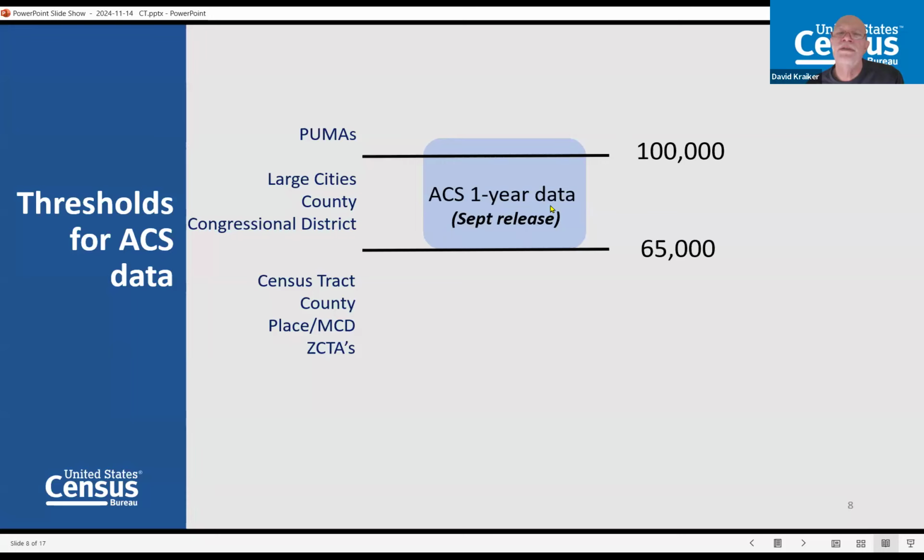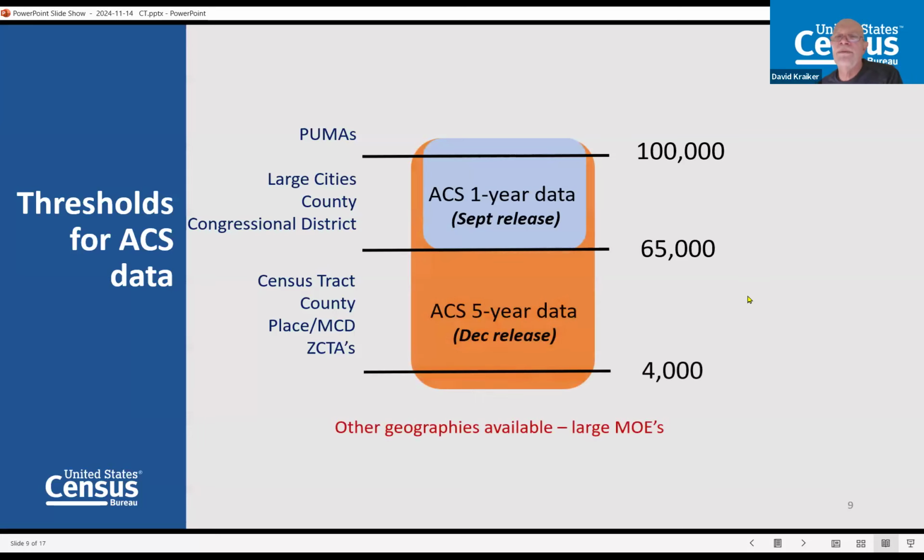It is called the 1-year census data release. And you can get that because you're over 65,000 in population. But what do you do if you are under 65,000 in population, which is most places, right? Most zip codes, places, towns and even a lot of counties and census tracts, they're all under 65,000.